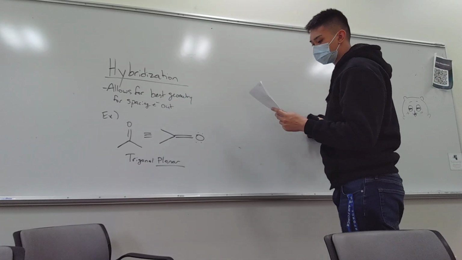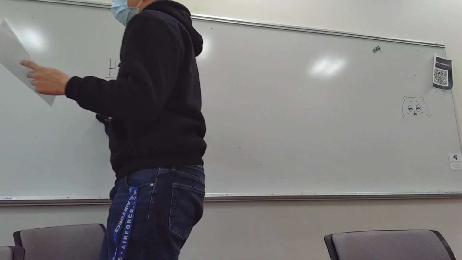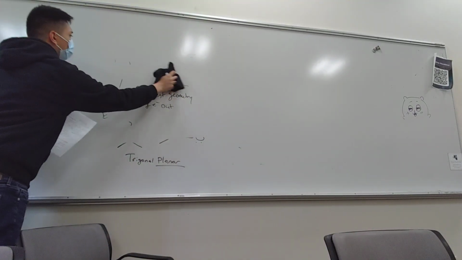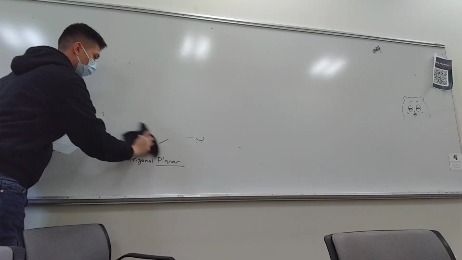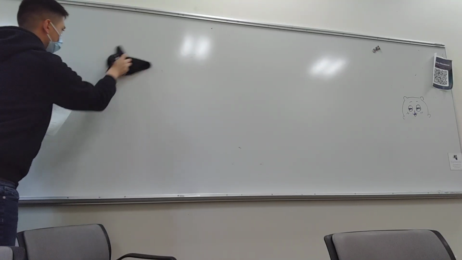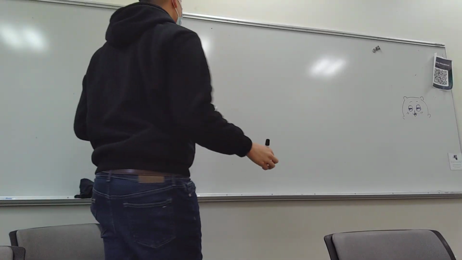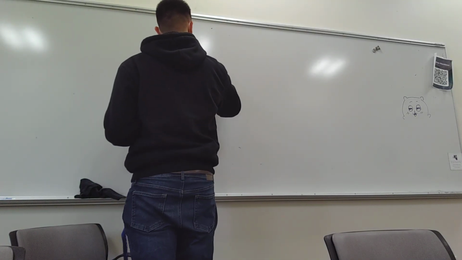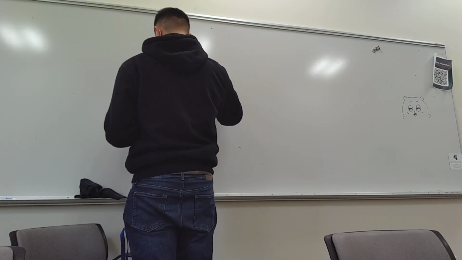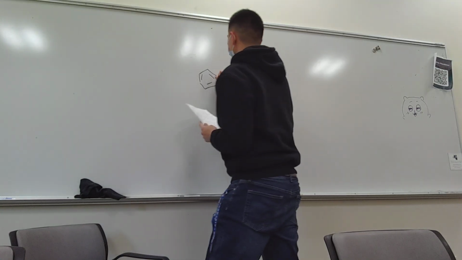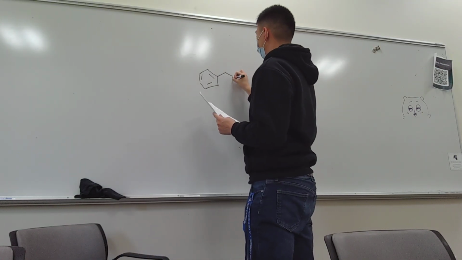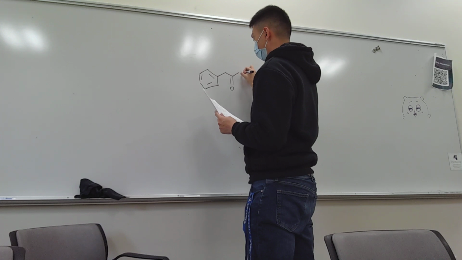Let's talk about penicillin G and its hybridization. Okay, so penicillin G looks like this, with a benzyl group here, attached to an amide.